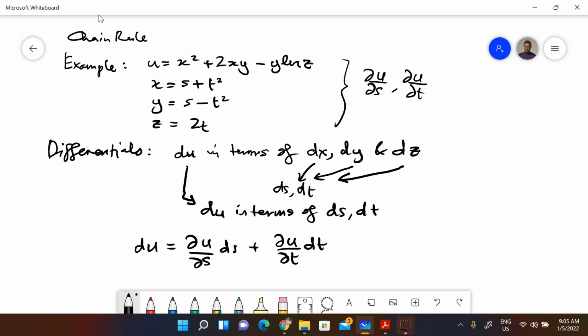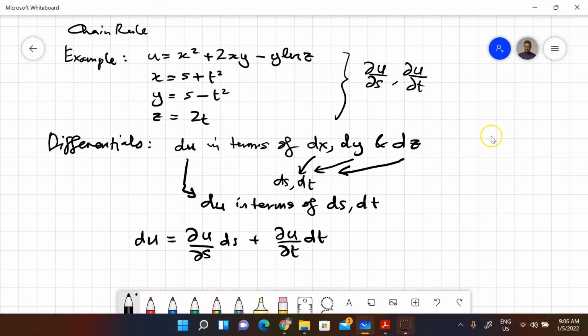So today what we're going to do is to have a shorthand notation of what's going on. Let me just push this up.